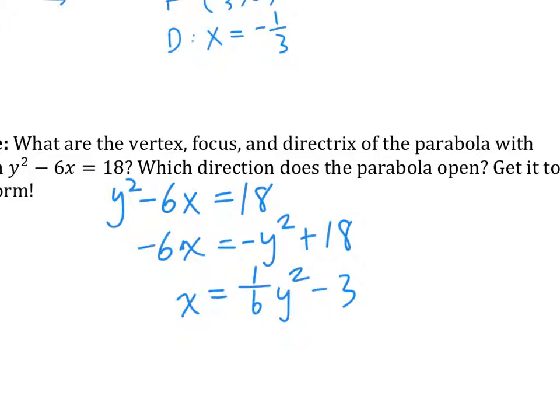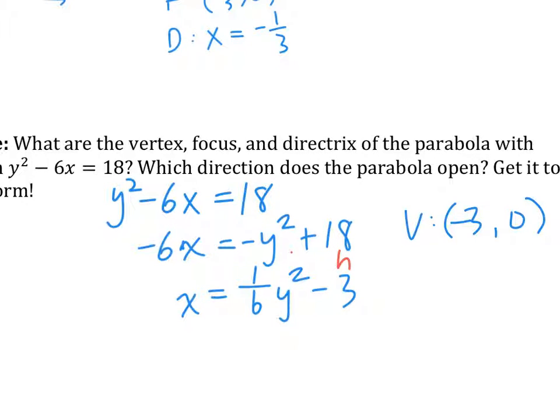Okay, show me with your arm, which direction is this parabola turning? This way, right? To the right. This is the crazy thing. Where is the vertex? Ooh, so close. -3, 0. You switch x, h, and k.